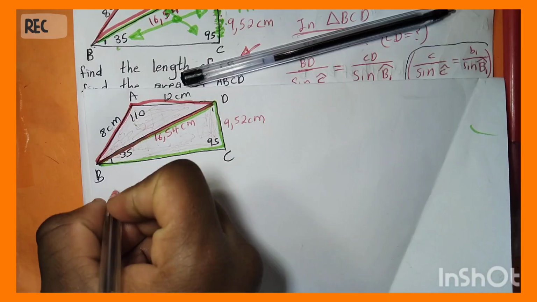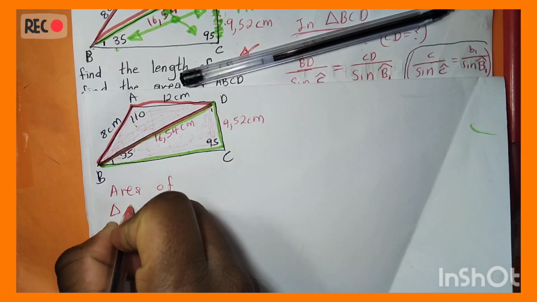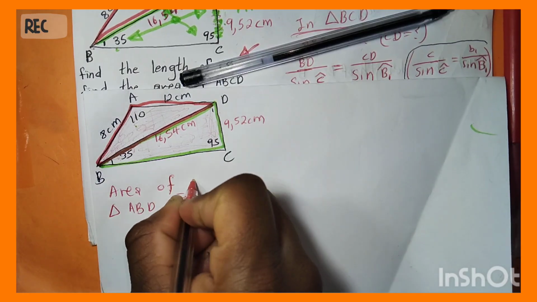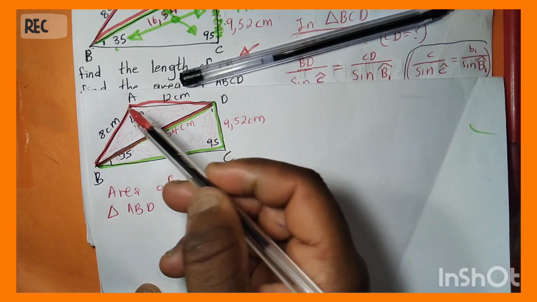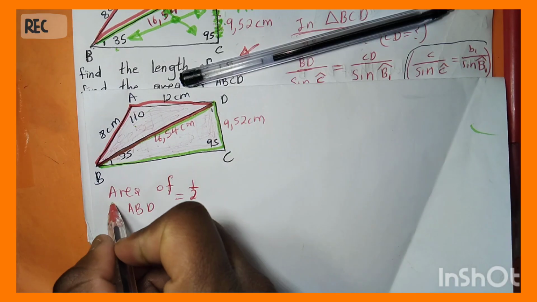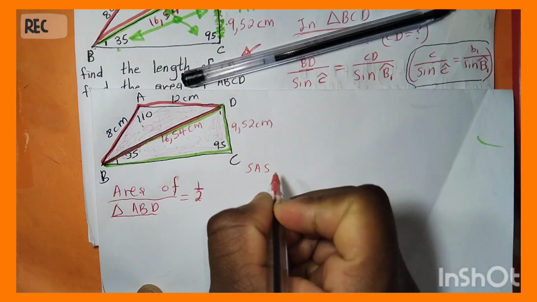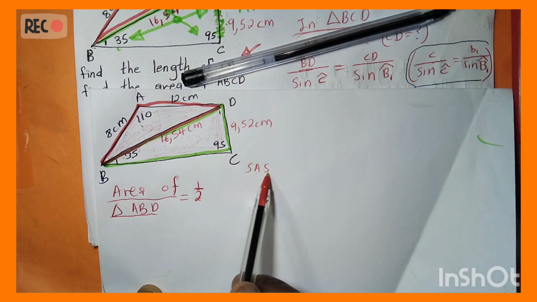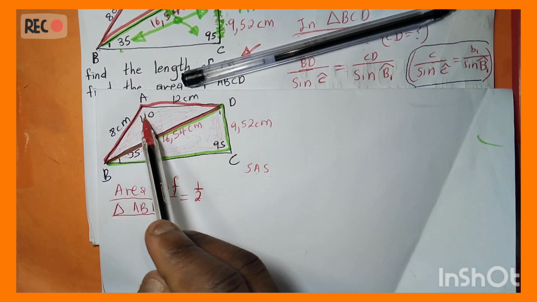I can start by saying the area of triangle ABD is just half, then you multiply. Remember, you apply this area formula if you have side angle side. So you should multiply these two sides which form that angle. Those two sides which form that angle, these are side angle side.